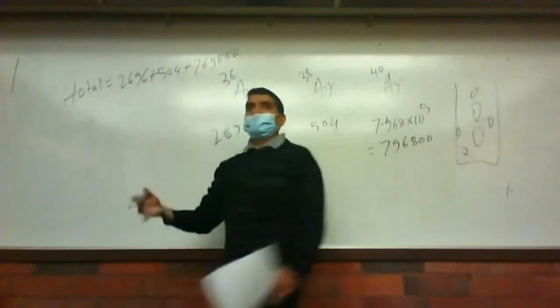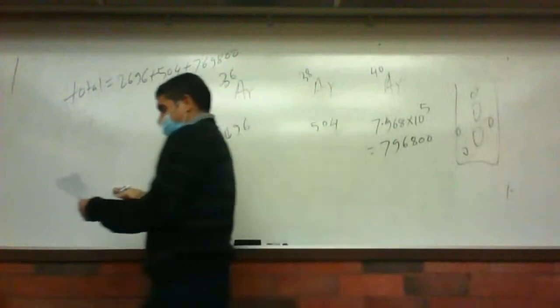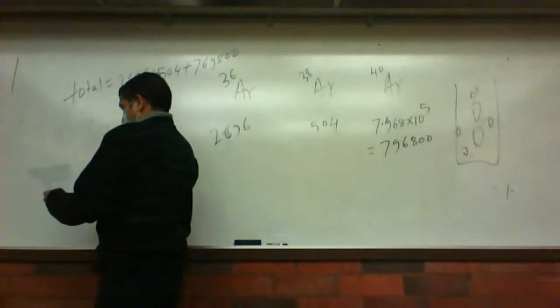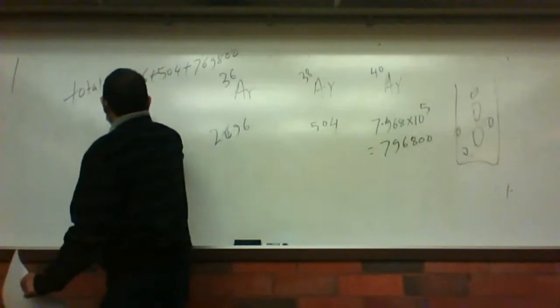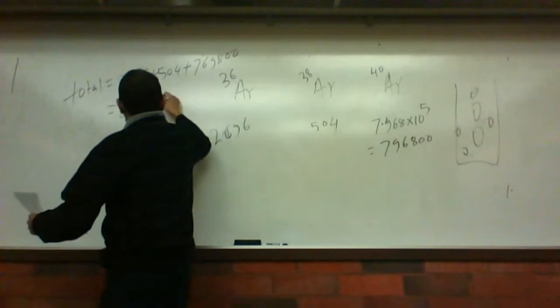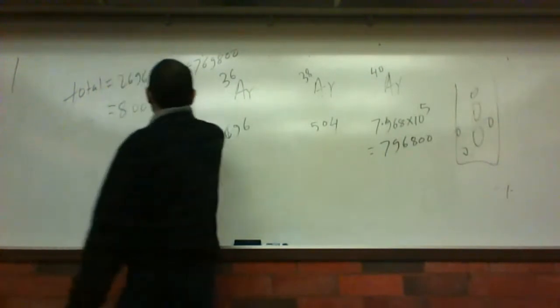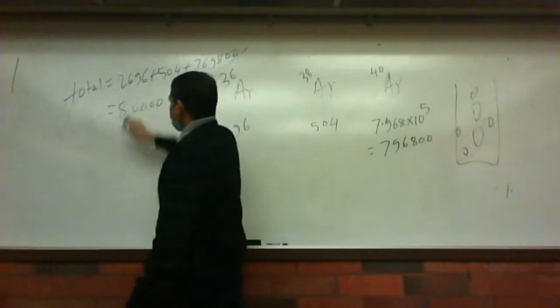So this is the total number of atoms in the box I have, right? That gives you a number, 8 followed by 50. So if I add this, I got this one.